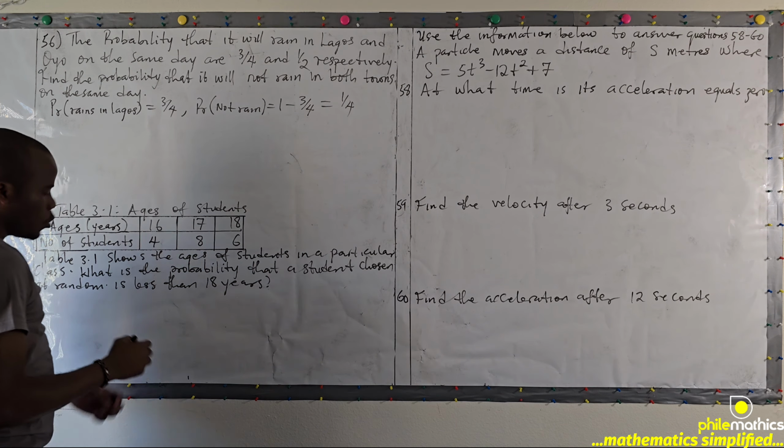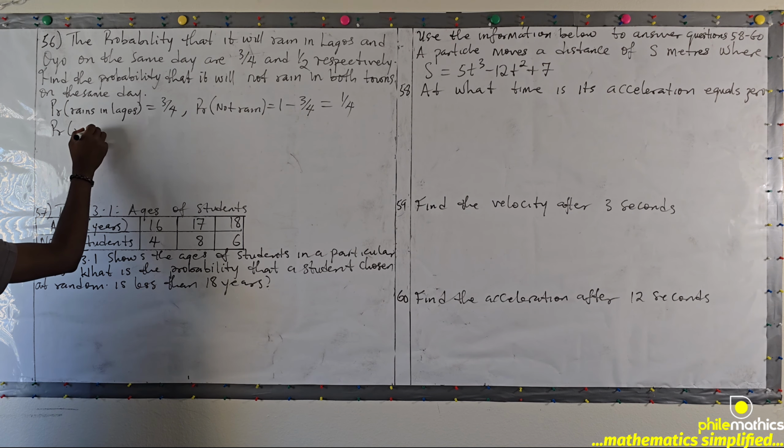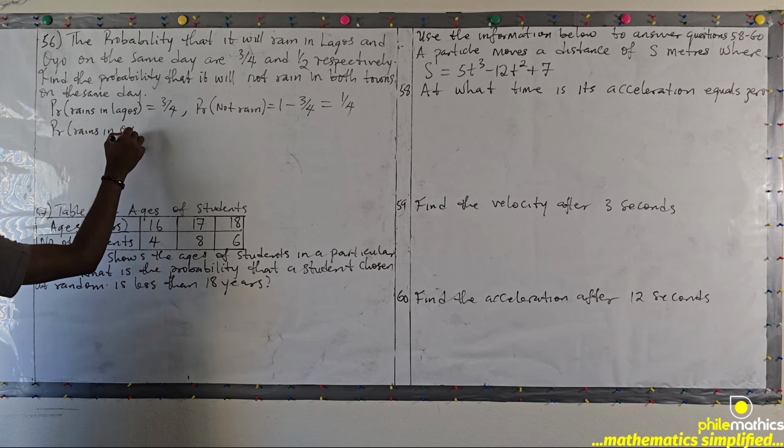So because we know probability of success plus probability of failure equals 1. And secondly, probability it rains in Oyo is 1 over 2 and probability it does not rain is simply 1 minus 1 over 2, which is 1 over 2.